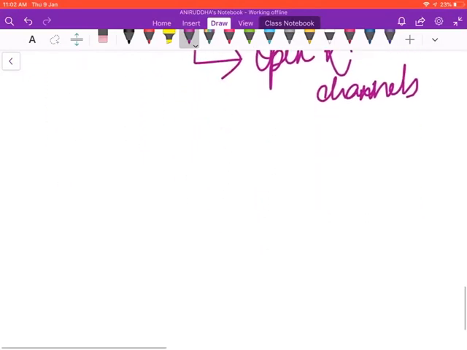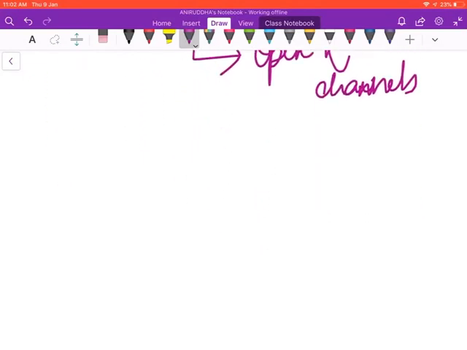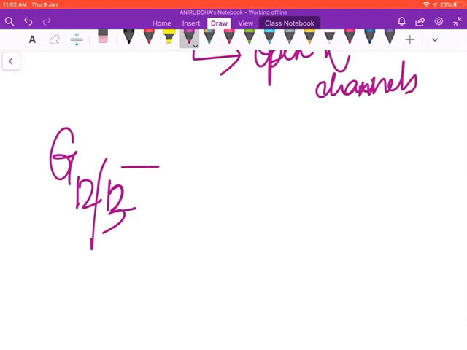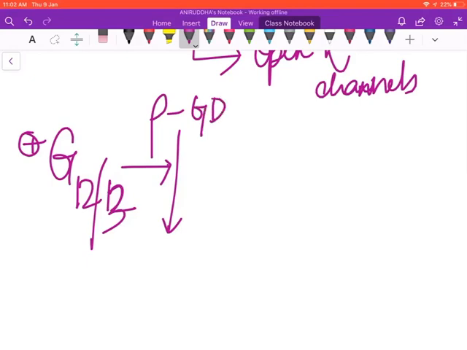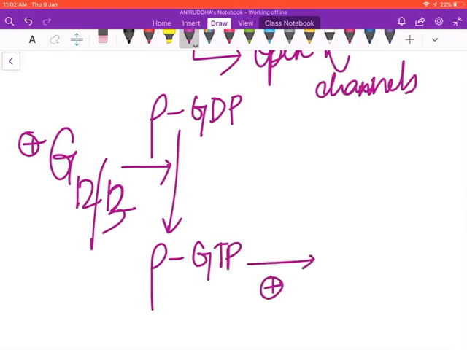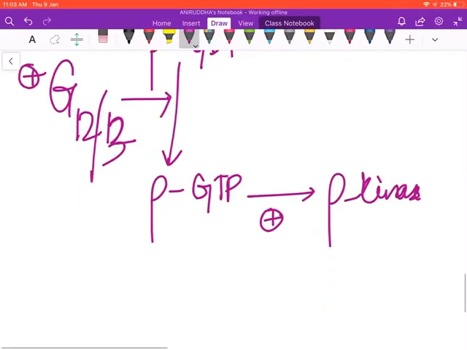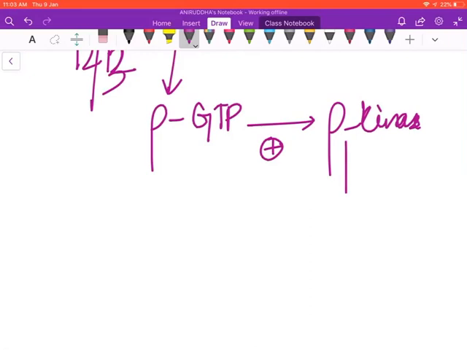And there is the fifth type of G protein coupled receptor, which is called G12/13. Now it has a very interesting function. Stimulation of G12/13 will convert a protein known as Rho, which is coupled with GTP, to Rho GTP. Rho GTP will activate an enzyme known as Rho kinase, which will in turn lead to vasoconstriction.